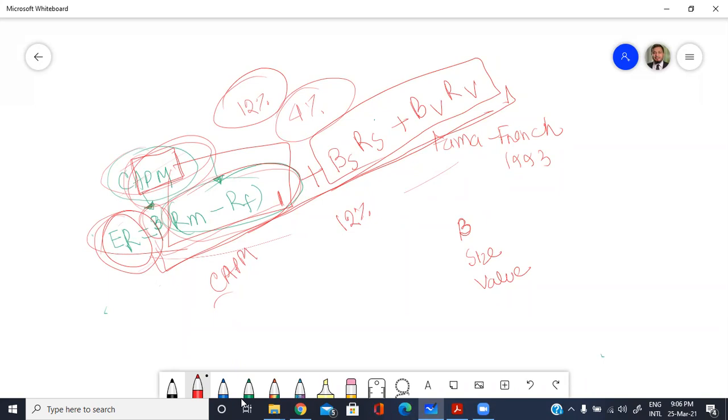I will explain it after some moments. What is the size premium? What is the value premium? Say, for example, when you have used this asset pricing model, you are seeing that expected return is 12%. In that case, how much is abnormal return?